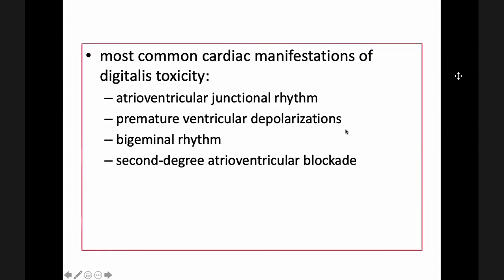So what are the most common cardiac manifestations of digitalis toxicity? This includes development of an atrioventricular junctional rhythm, premature ventricular depolarizations with bigeminal rhythm, which was illustrated earlier, and second degree atrioventricular blockade.